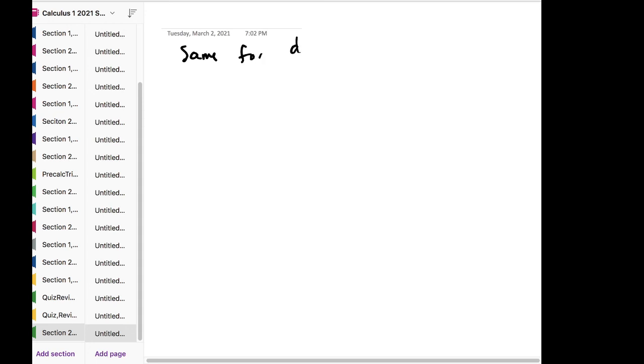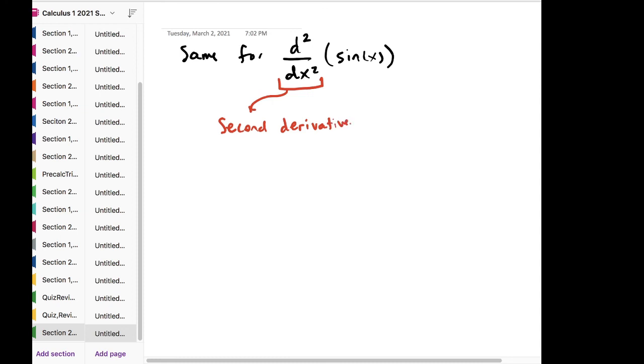Okay, here's a new notation. So when I write a derivative like this, it means the second derivative. Another way to say the second derivative is writing it with 2 ticks. So these are synonymous. F double prime and d squared over dx squared.